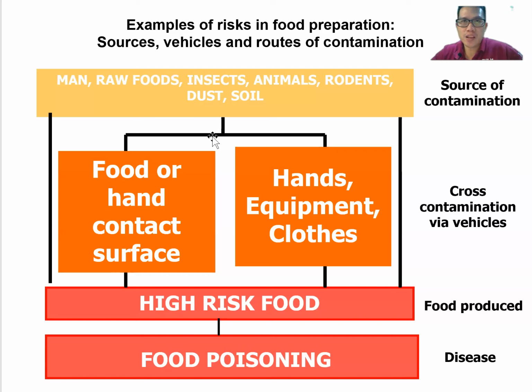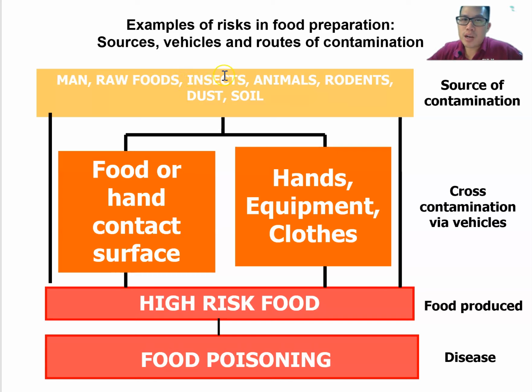For example, sources of contamination. It's possible the person who transports the raw ingredients is a risk, which means they can give some kind of disease or microorganisms. It can come from the raw food, the raw material, which may have originated from the farm.